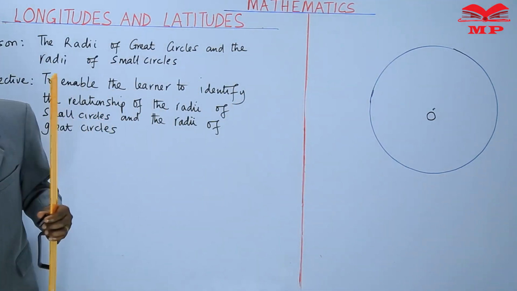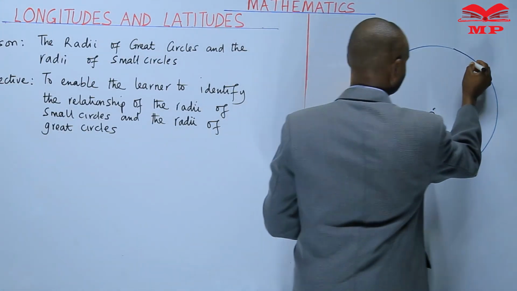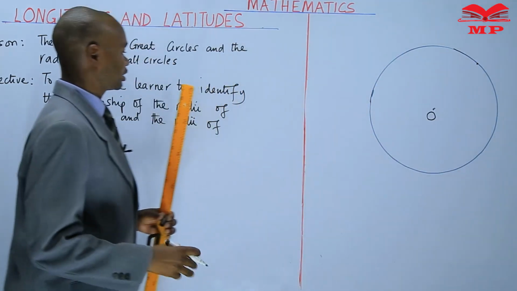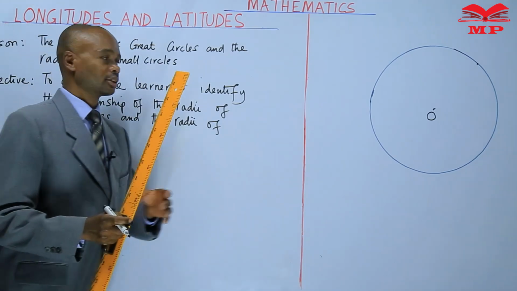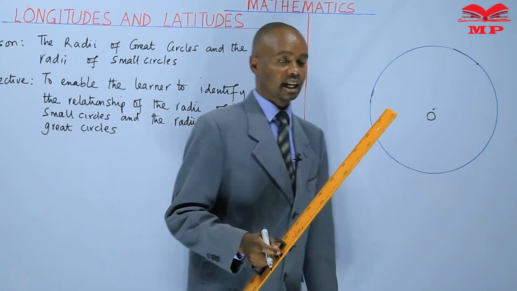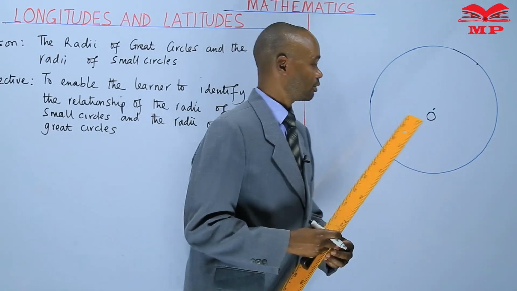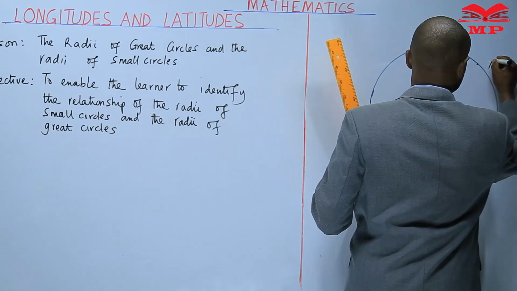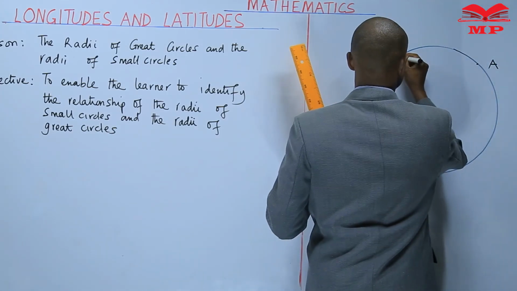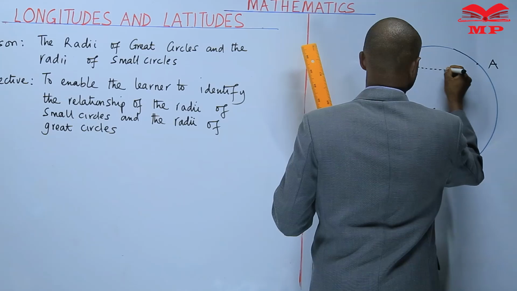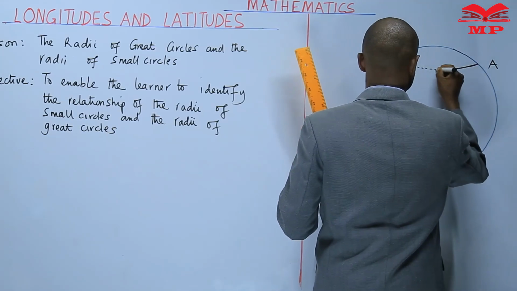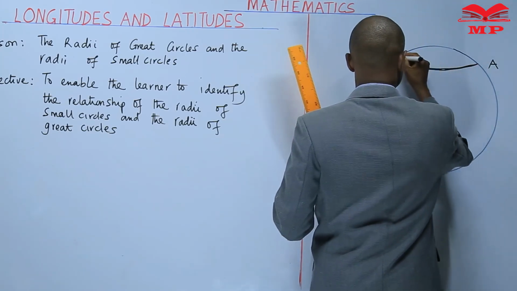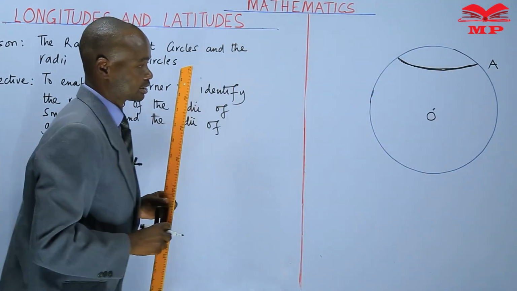So I'll have a point A, which is on a certain latitude. All latitudes, all those parallel to the equator, are what we call the small circles. So this is a point A, which happens to be on this latitude.